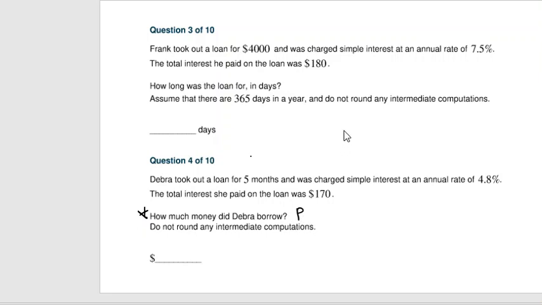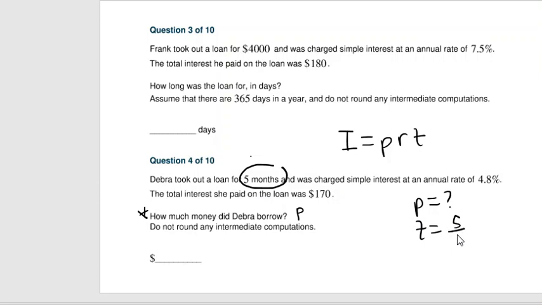We don't know the loan amount. So if we take our formula, interest equals principal times rate times time, in this case, we do not know the principal. We don't know how much she borrowed. We do know that she took out a loan for 5 months. And remember, when we talk about time, it's time in years.